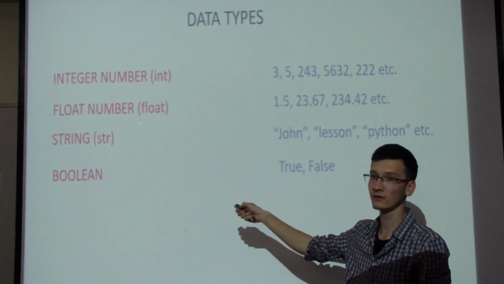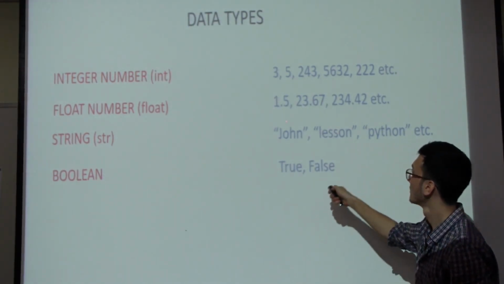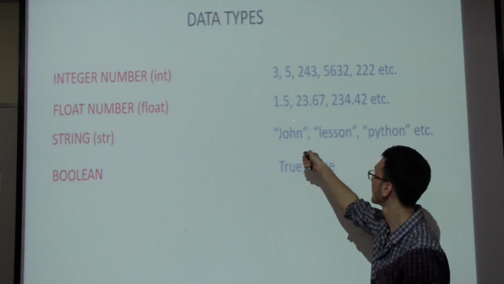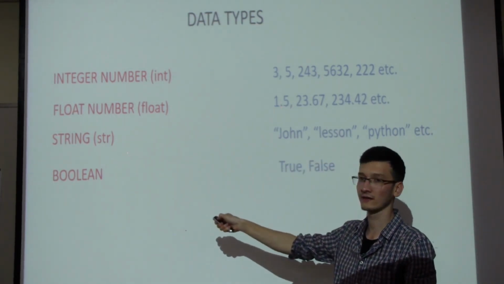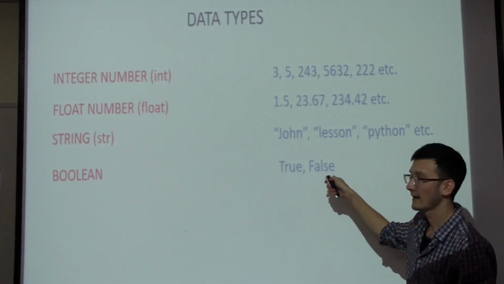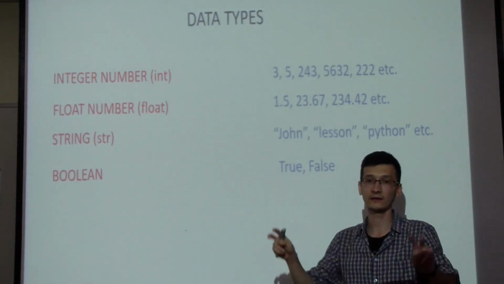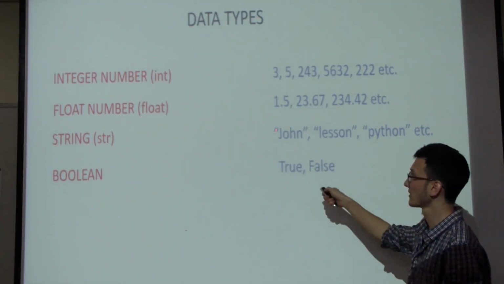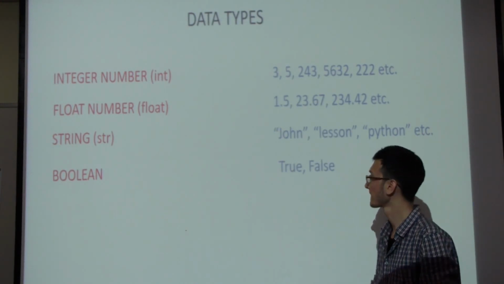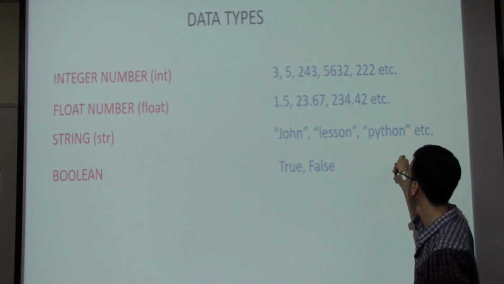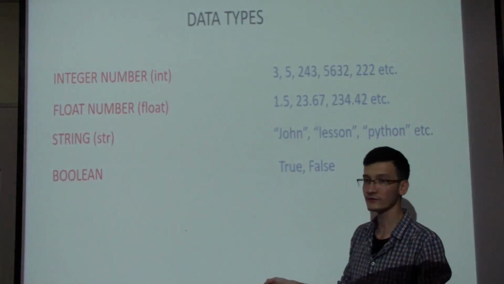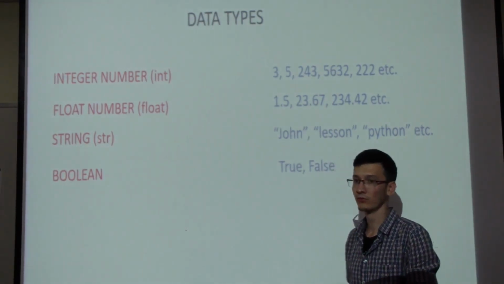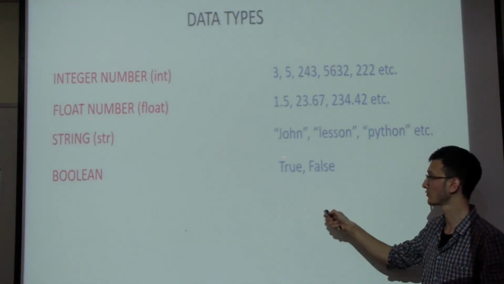And float number, the short name is float: 1.5, 23.67, and others, with a point. And string, str. We write a string inside 2 quotation marks. If you miss the quotation marks, it wouldn't be a string. For example, John, lesson, Python, etc. And also, we learned a new data type, Boolean. Boolean can take 2 values, true or false.